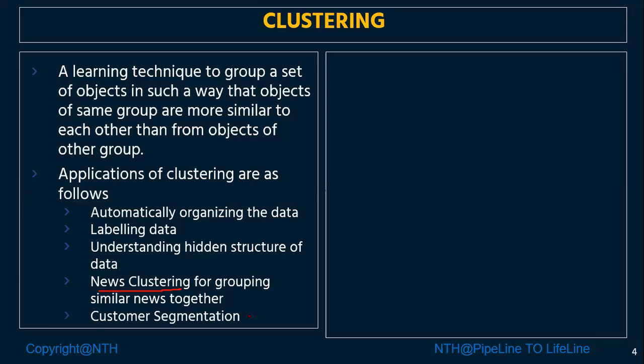Okay. Customer segmentation, bank customer segmentation: whether you are a defaulter, a good customer, an average customer, a regular customer, what type of customer. How many clusters you want is up to you based on your analysis.